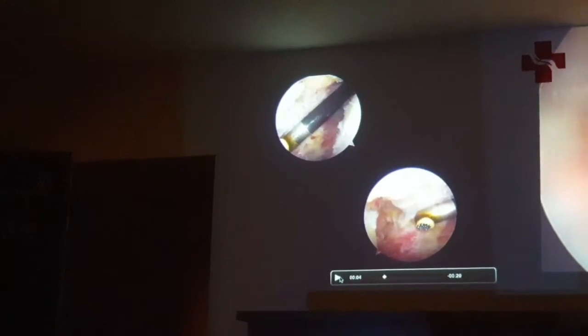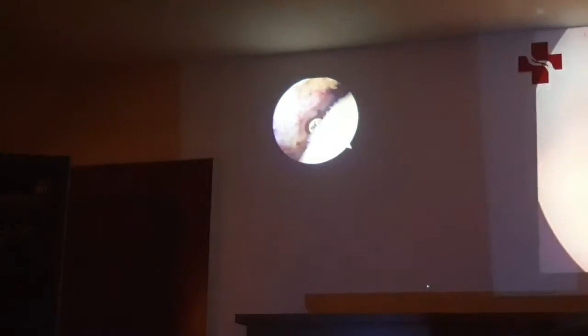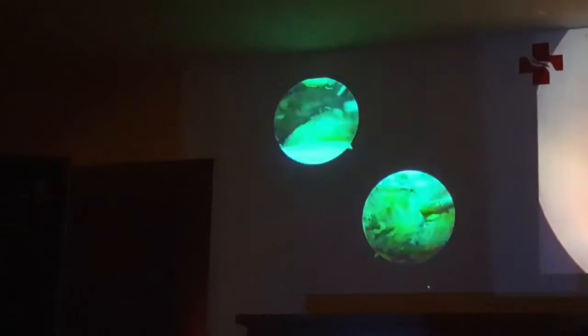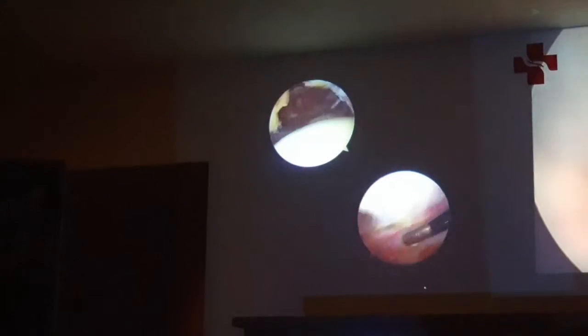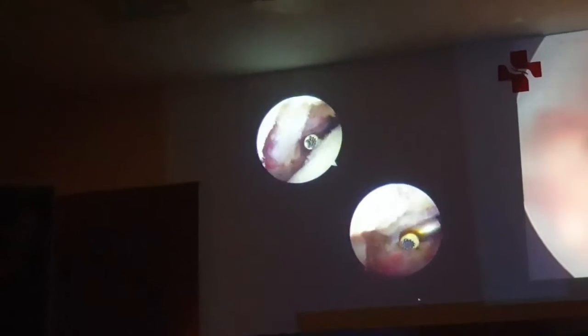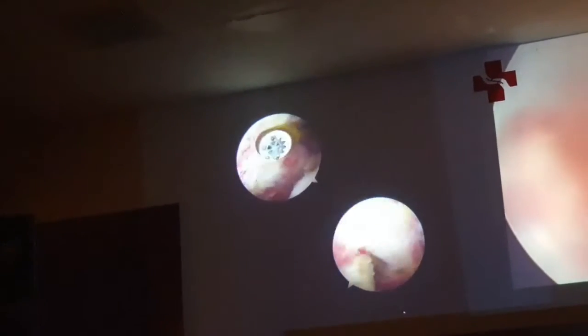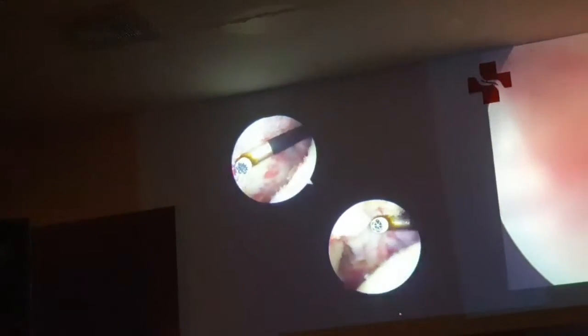That is called the comma sign, because that tissue helps you in reduction. As in the lower video you can see the tissue, the upper one is supraspinatus and the lower one is subscap. So that connecting tissue should be maintained, because once you reduce the subscap, it significantly reduces the supraspinatus also.